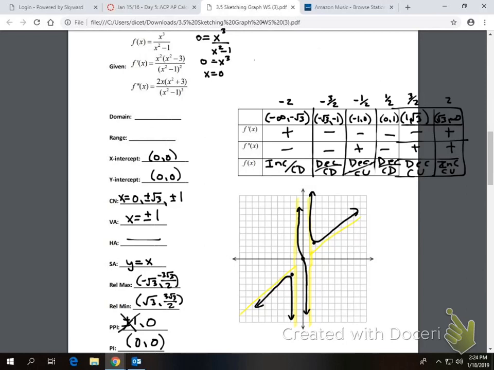We just did a lot right there, didn't we, man? Okay, domain, negative infinity to -1, -1 to 1 and 1 to infinity.